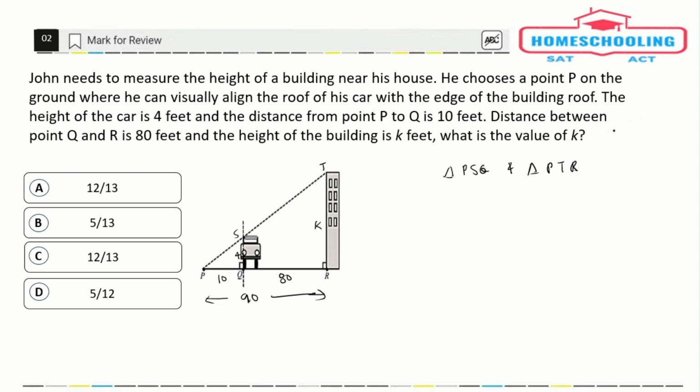There are three ways to find whether both triangles are similar or congruent. Either all three sides should be equal, or two angles should be equal, or two sides and one angle should be equal.